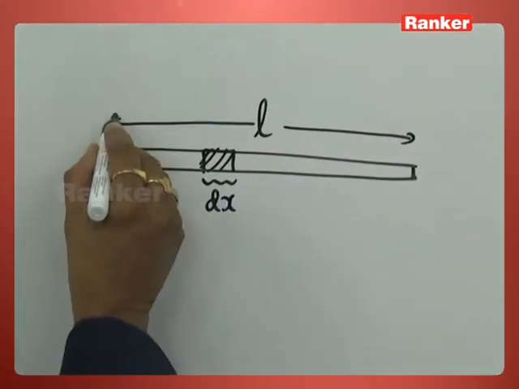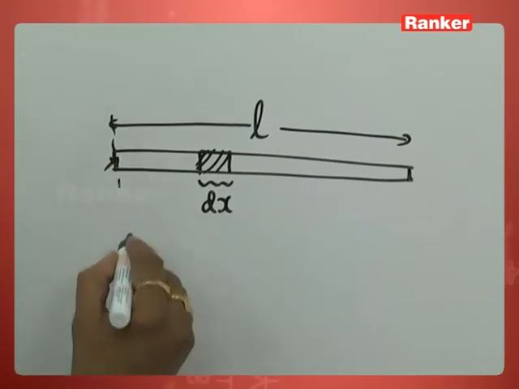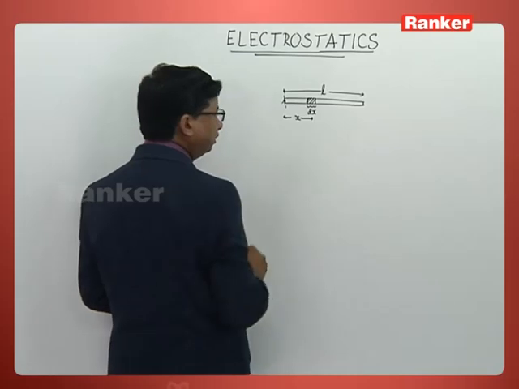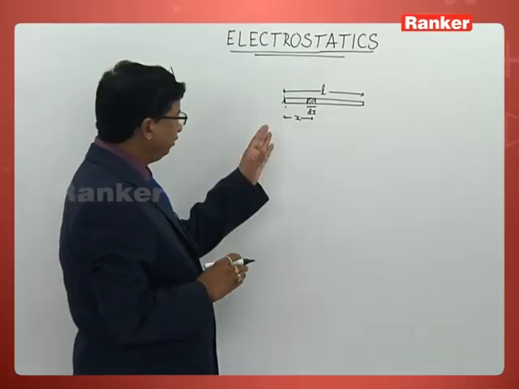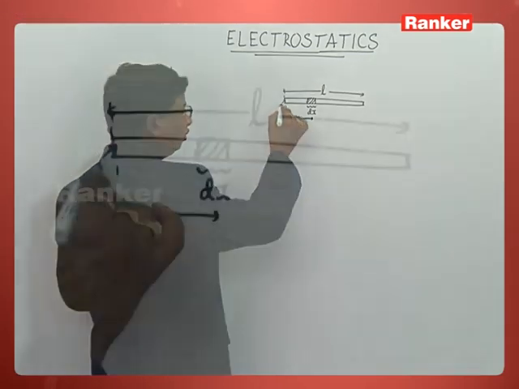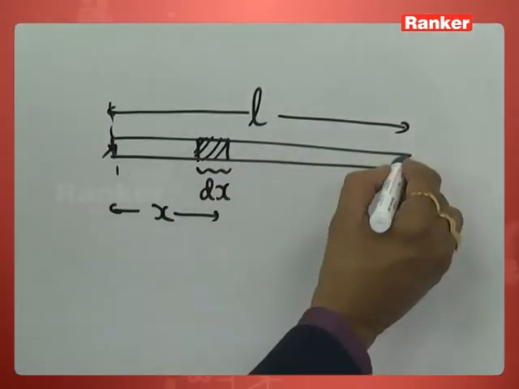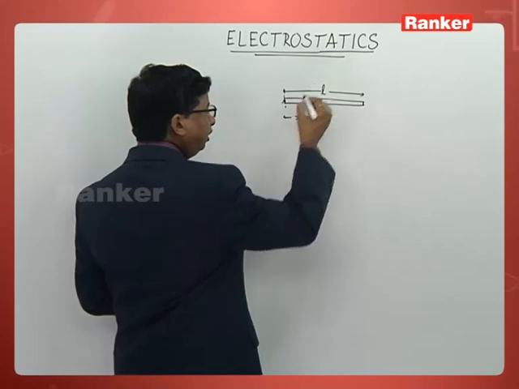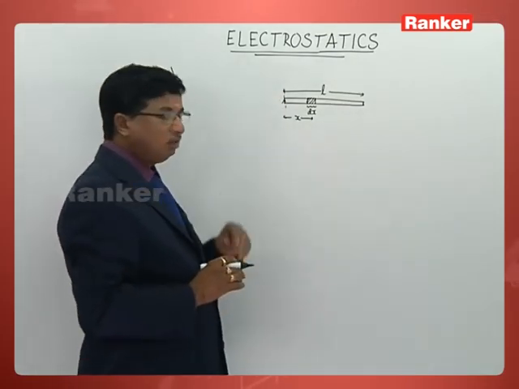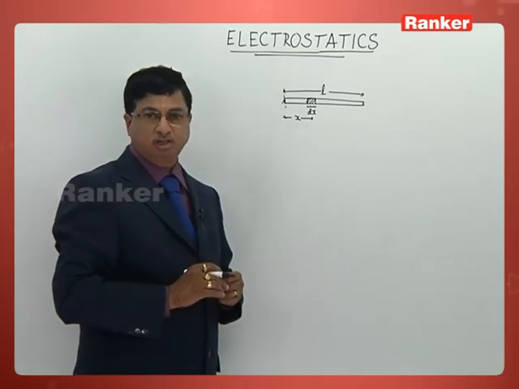If I consider this being the origin, the distance to this particular element I take as x. And obviously, the total length to the other end of this rod now becomes L.